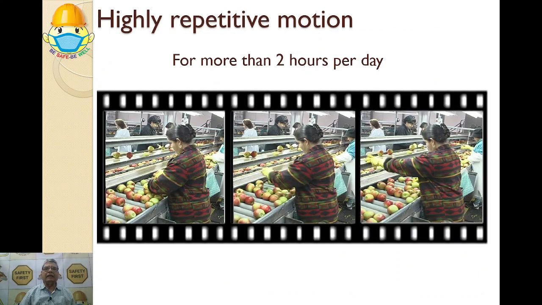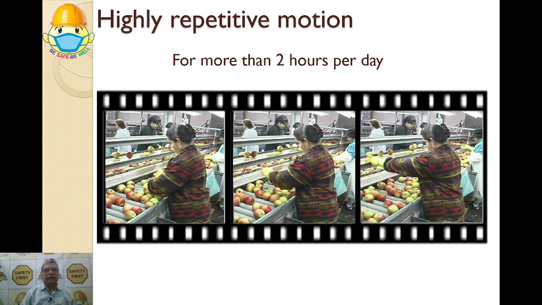So first, highly repetitive motion. Now you can see this lady, she is working in inspection of apples. So continuously she is repeating a similar motion by picking the apple and putting it in a proper tray.